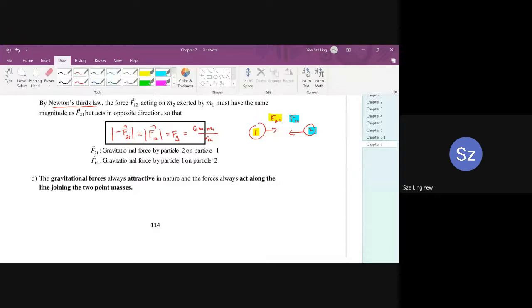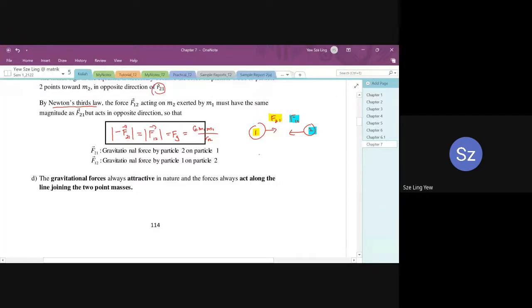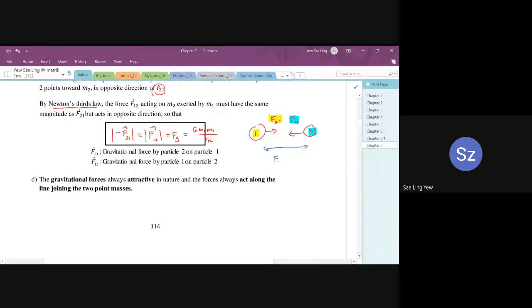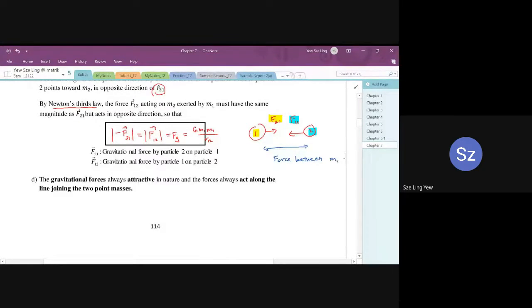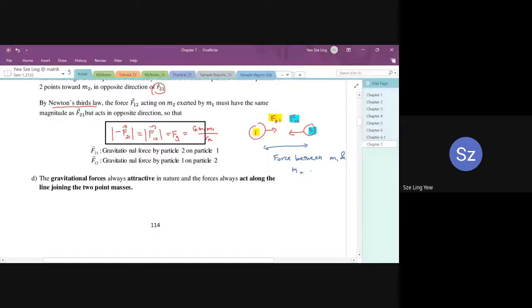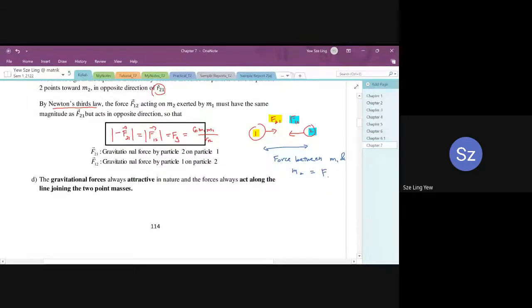Now, there's another type of question that can be asked in the exam, which is the force between M1 and M2. That is just equal to Fg, which is equal to G m1 m2 over r12.